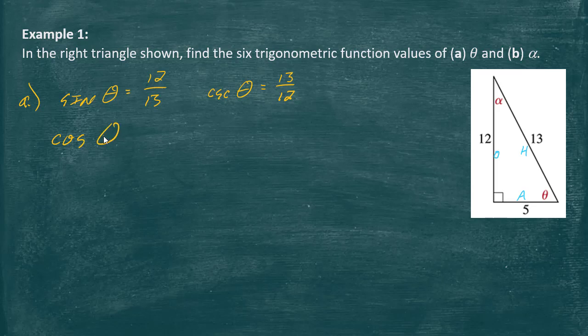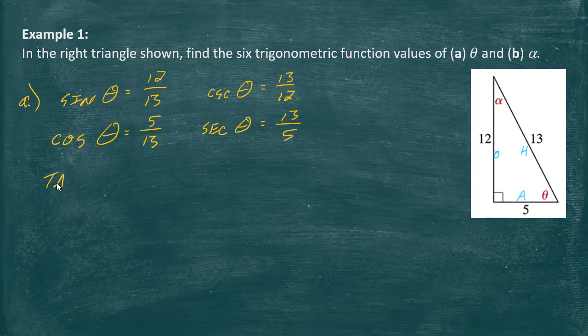Cosine of theta for this example would be the adjacent over the hypotenuse, so that would be the ratio of 5/13. Its reciprocal, secant, which, again, these on the right are going to be some of the less familiar, new functions for you. But all I have to do is, if I know the cosine, flip it or find its reciprocal, which is 13/5 for this example.